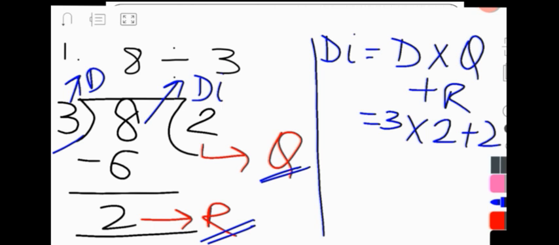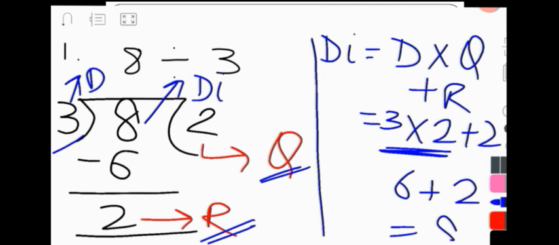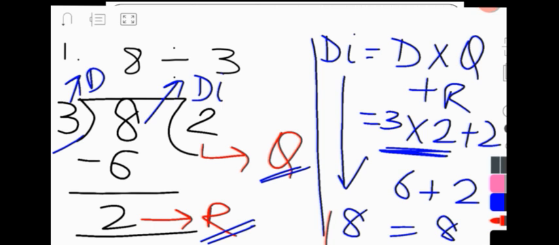First we multiply the divisor and the quotient, and then we add the remainder. 3 2s are 6, then plus 2 is 8. And as we can see, our dividend is also 8. So both match up. That means our quotient is correct.